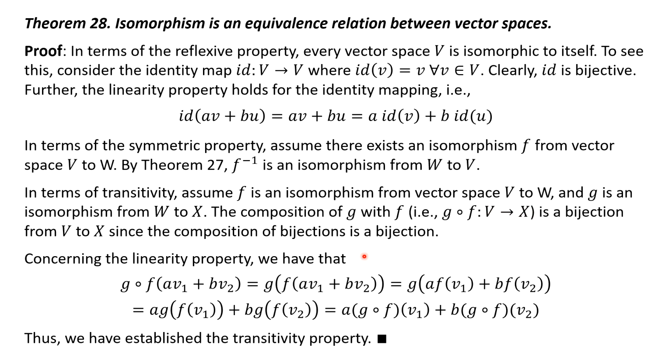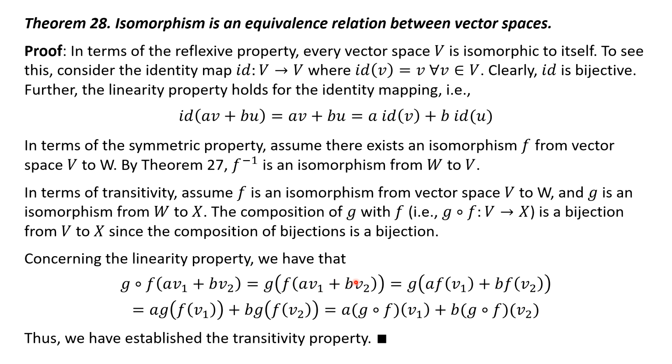V to X, and then we need to show the linearity property. So we have G of F, and we take a linear combination of the space we're starting from, V, and then this is just the definition of G of F. It's G evaluated at F, where F is evaluated at this particular point.